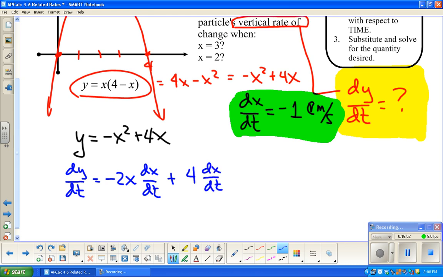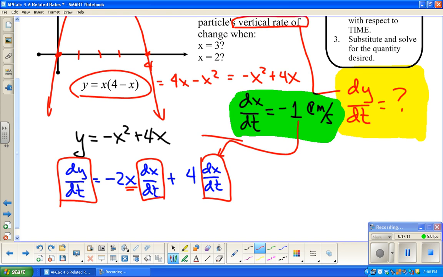At this point, I just want to solve this thing for dy/dt. It's magical, and that's a hard problem. In order to do that, I need an x value and a dx/dt. Well, it turns out I have a dx/dt, and I have an x value.